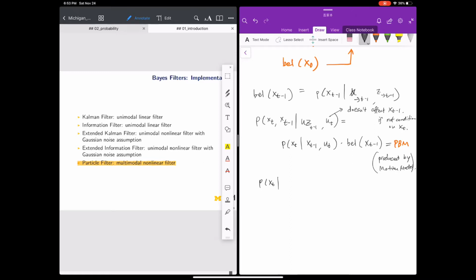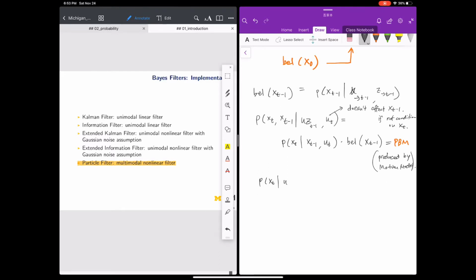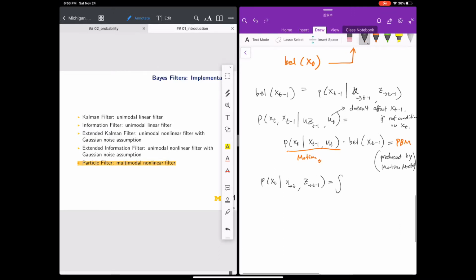So we can safely ignore that part of the correlation. So xt is just this part, which is the motion model at time t, times the belief at t minus 1, summed over xt minus 1.